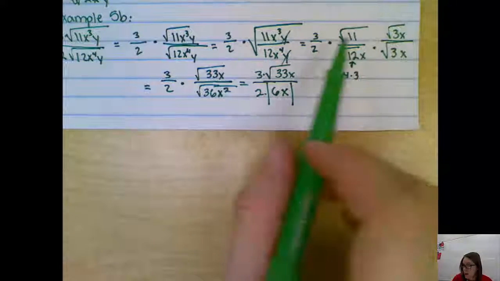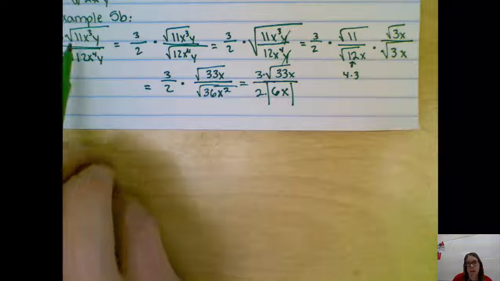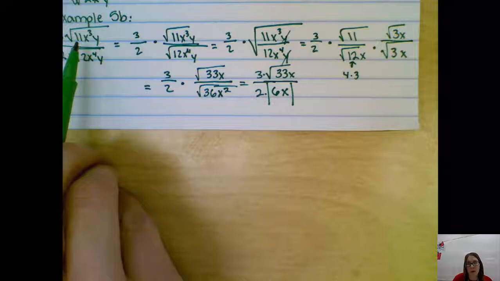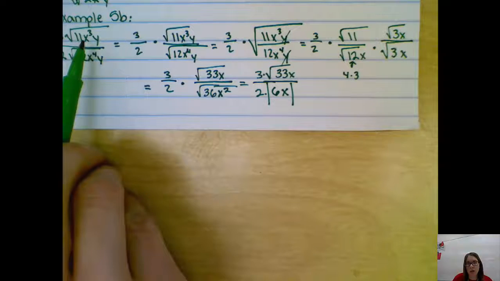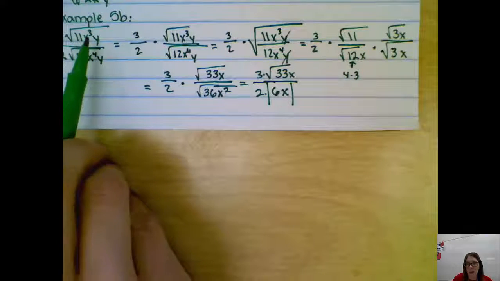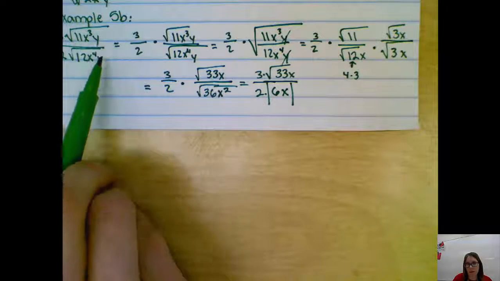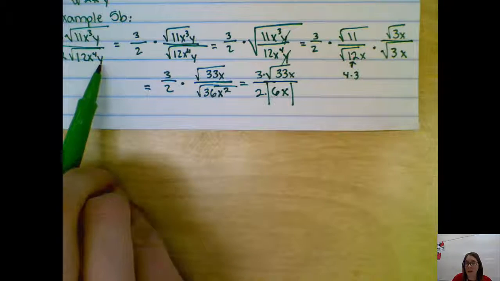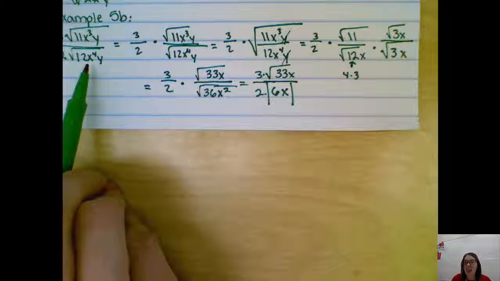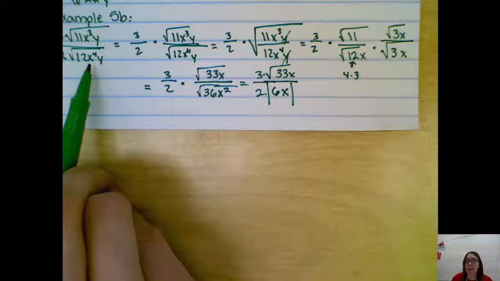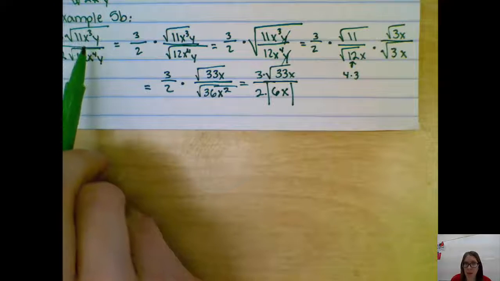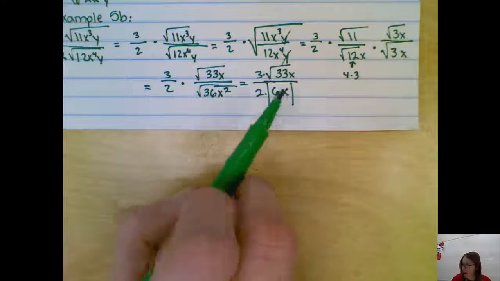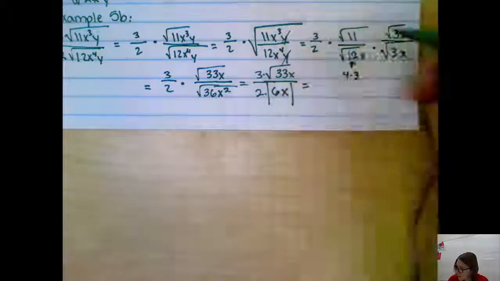But if you look back in your original problem, if you look at the numerator, the only way that x could be negative is if y is also negative, but y couldn't be negative in the bottom. Because even if x was negative, x to the 4th would be a positive number times a negative. So x also has to be a positive number. We don't need the absolute value here at all.